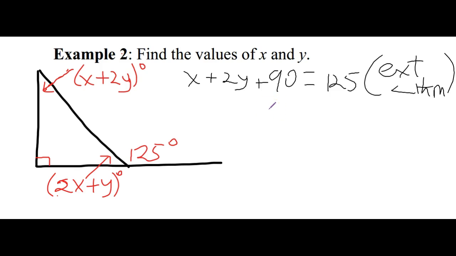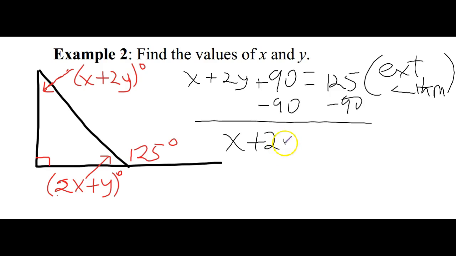So we can subtract 90 from both sides. So we have x plus 2y is equal to, that plus that is 35. Okay, here we don't know x, we don't know y, so we can't really fully solve it. We can leave it like that. And then what else do we know?